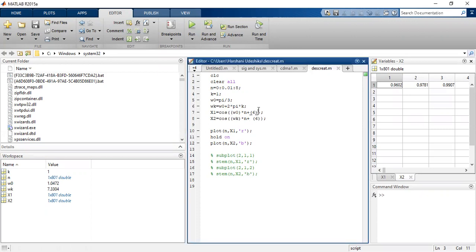I will remove the phase shift also. This phase shift does not affect the waveform, but for the first time I will remove that phase shift.